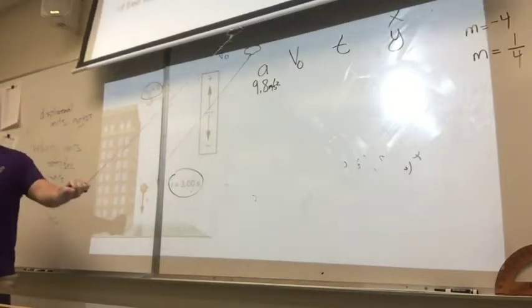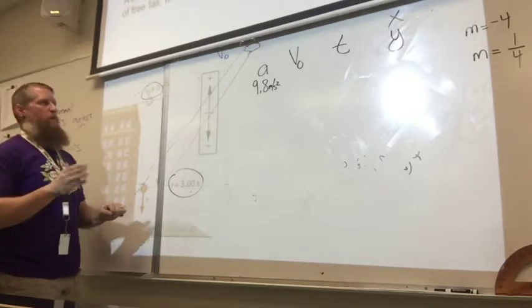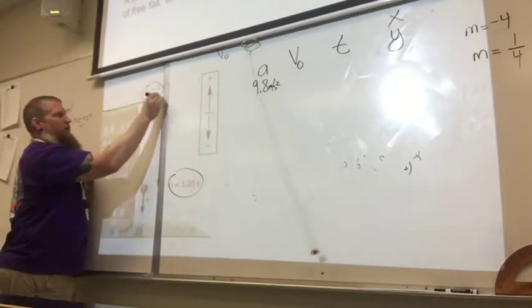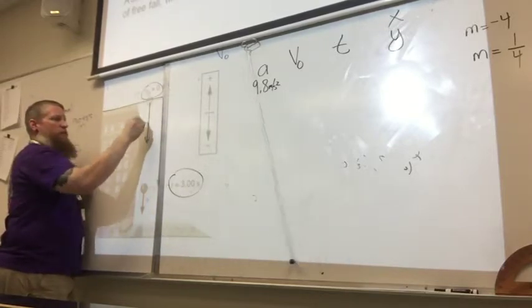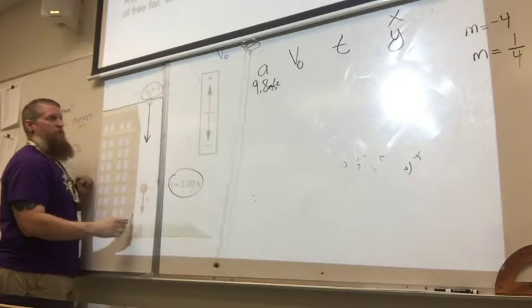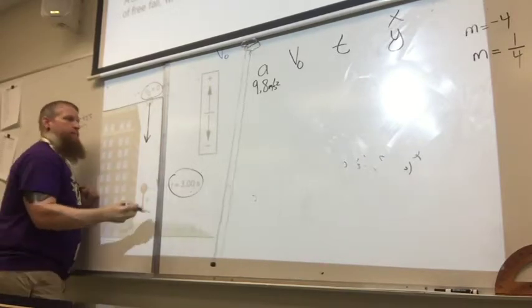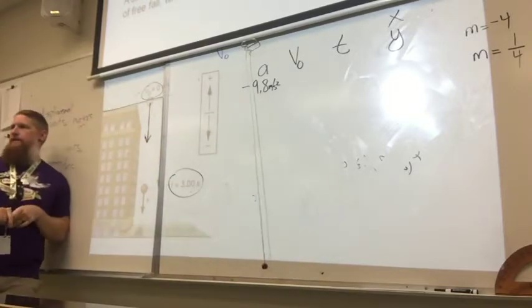Now, here's another thing that will mess people up, because this is all a frame of reference. The way this is moving, I'm starting up here and going down. The acceleration due to gravity is pulling it down towards the ground, correct? Gravity pulls things towards the ground. So throw a negative in there. Just keep everything in the context of the problem.